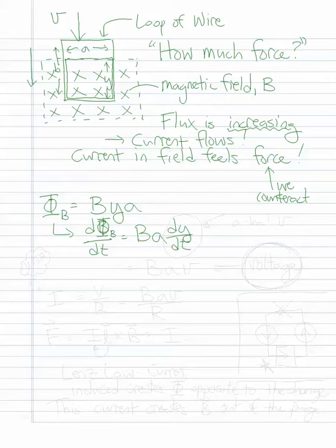So taking that derivative is pretty simple, because now it's just the part that's in the magnetic field, and the rate that this variable is changing, that was actually given. That was given as the speed v. Okay, so we'll write this as B, A, v. That's the rate of change of the flux.